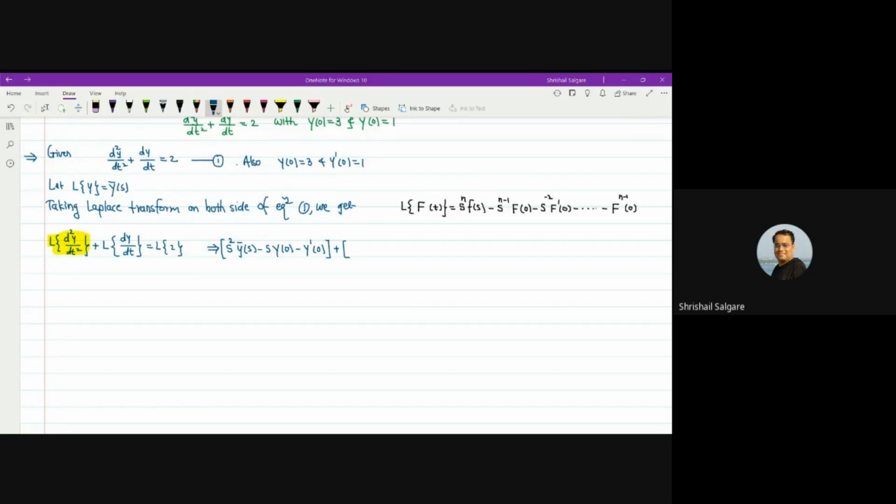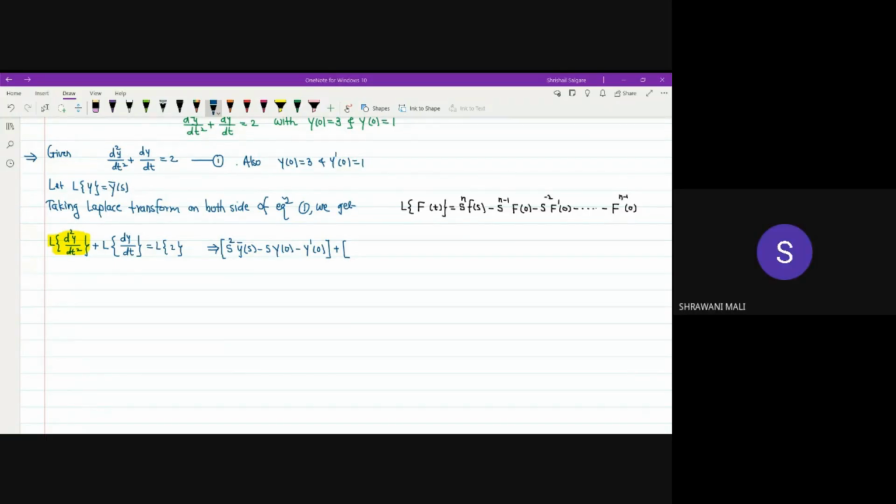Plus. Shravani, can you tell what is the Laplace transform of dy by dt now? S power 1, good.